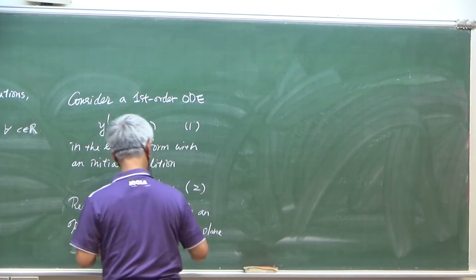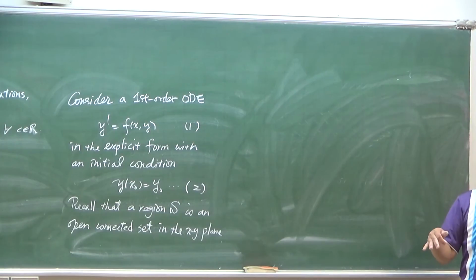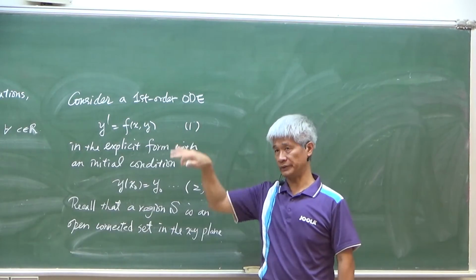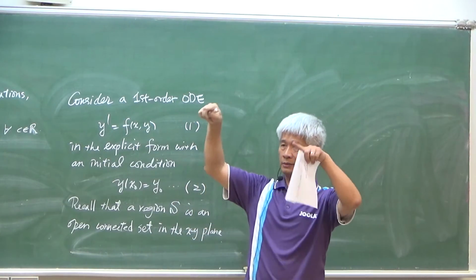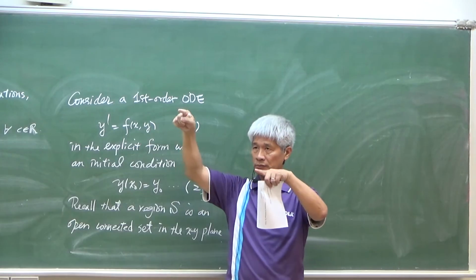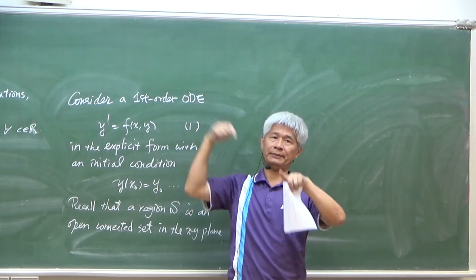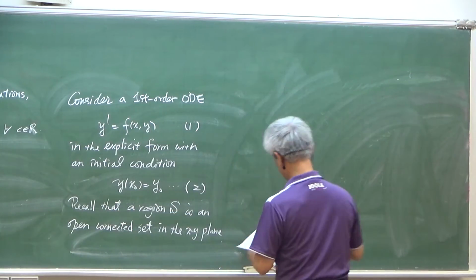So remember we mentioned a region before. It is open, and open means without boundaries, right? And connected means that for any two points in your region, you can always draw a path to connect them.